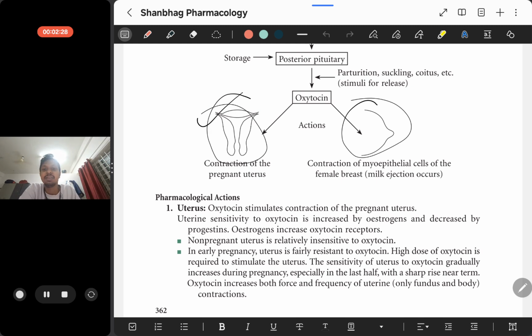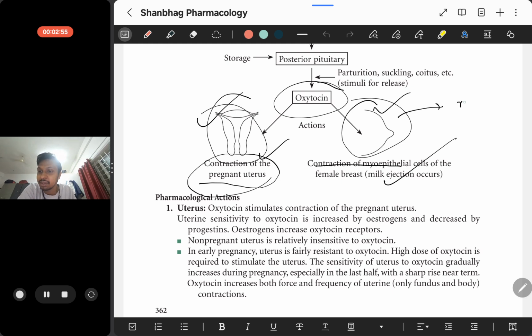In the uterus, it causes vigorous contraction, especially during parturition. And in the breast, it causes the contraction of myoepithelial cells during milk ejection. When the baby sucks the nipple, this causes the release of oxytocin, which further helps in the release of milk.